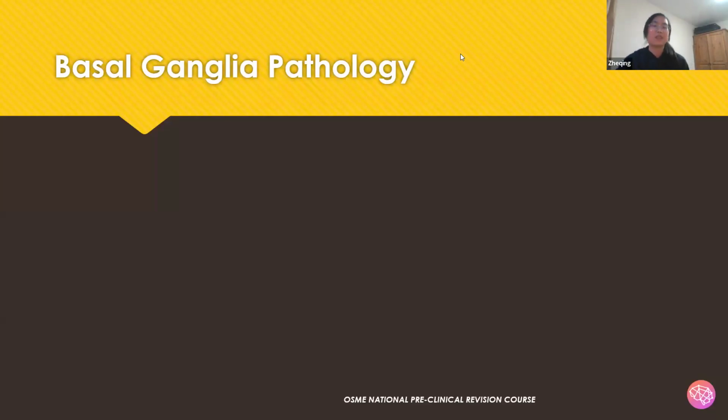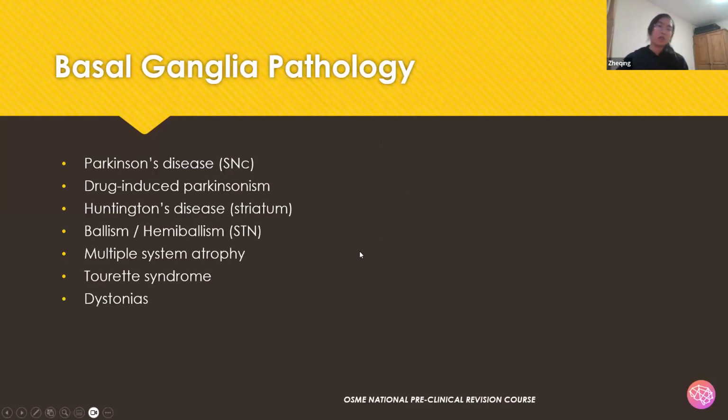Yep, good. So a lot of movement disorders, and then two main ones that you need to know are Parkinson's and Huntington's. You can also get drug-induced Parkinsonism, like MPTP, and you can also get ballism, I'm not sure if I'm saying it correctly, or hemiballism, which is one-sided, and that is when the STN is damaged.